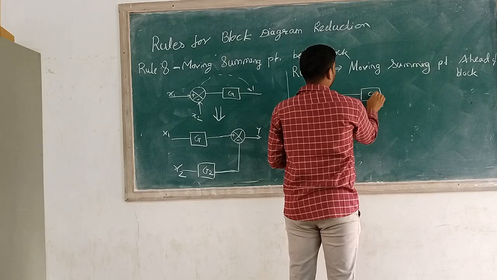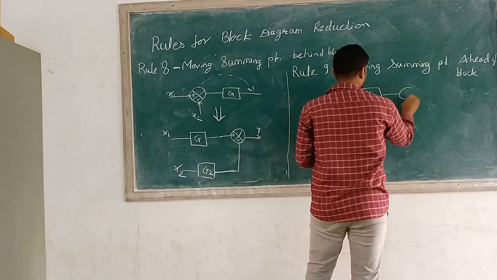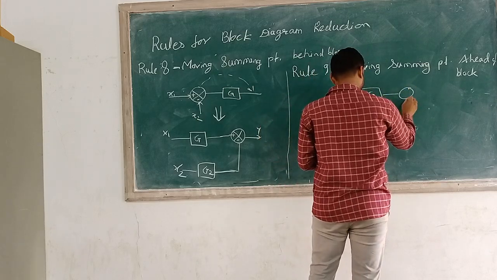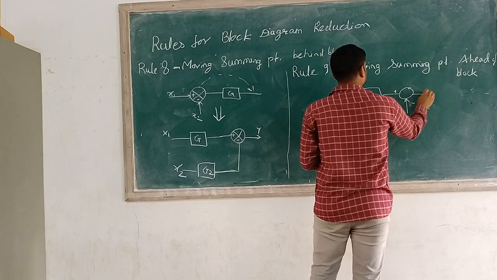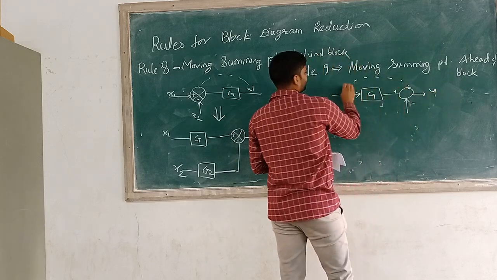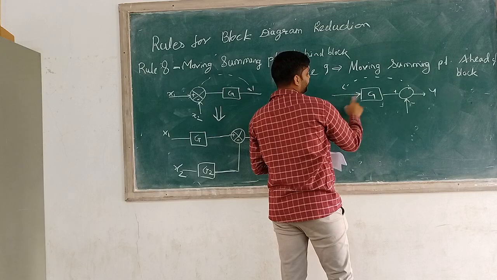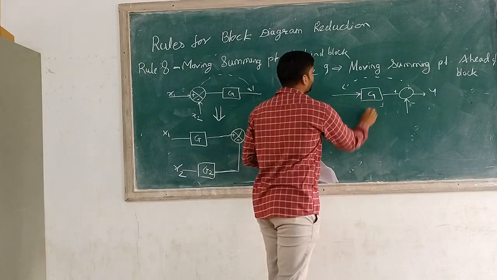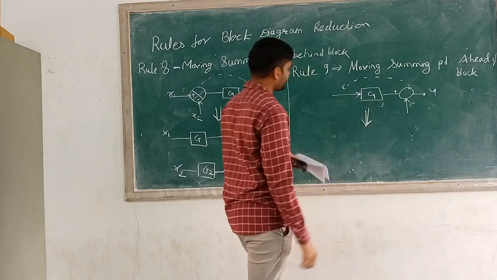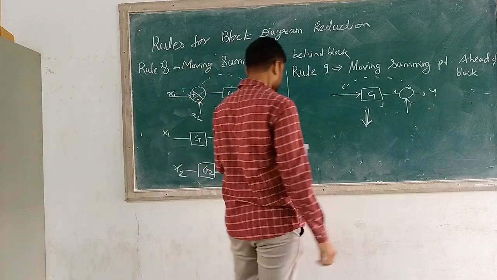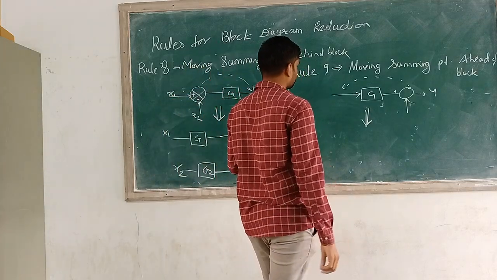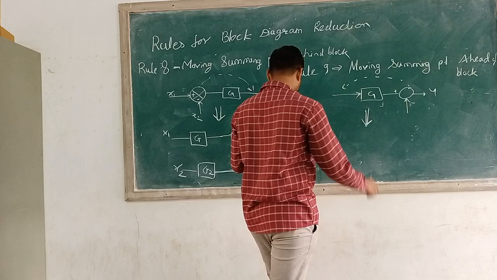So we are having a transfer function G. This is our summing point. Now we want to move this summing point before this block. So how will it be achieved? It will be achieved by like this.